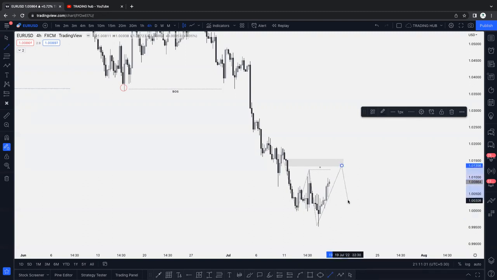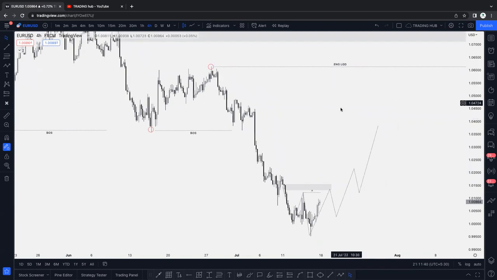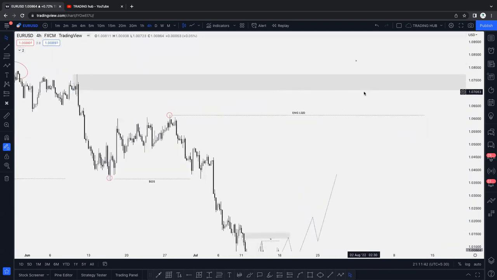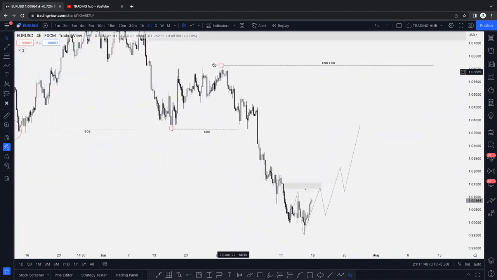Maybe this is a short-term pullback and then price pushes higher to mitigate this extreme zone. This is a daily extreme, correct, after taking out this engineering liquidity. Okay, so this 4 hour high acts like an inducement, engineering liquidity for the daily perspective, correct.